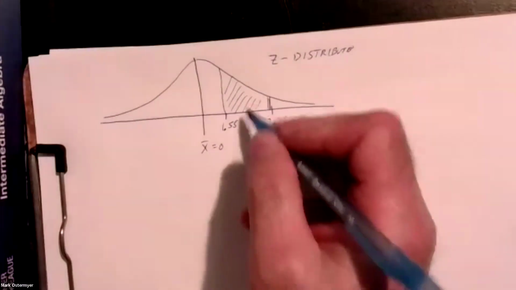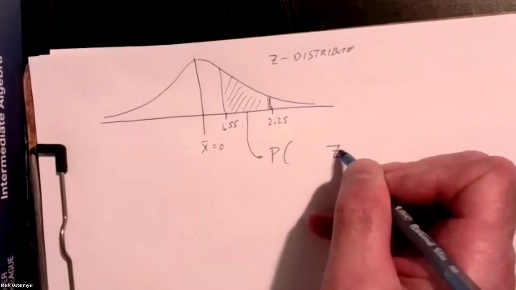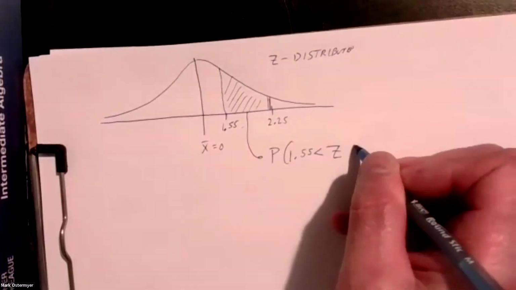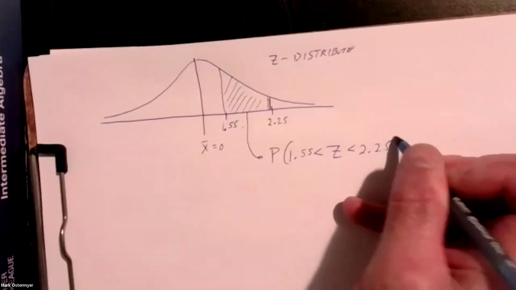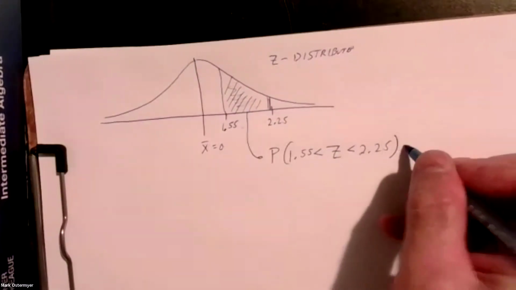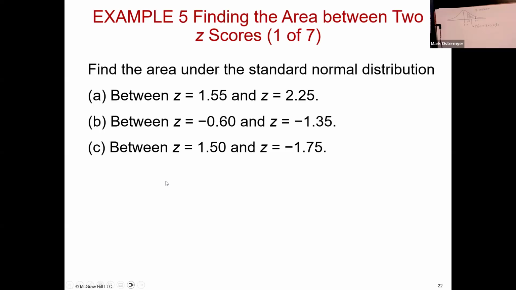Okay, that's the same thing. This area is the same thing as saying the probability that z lies between 1.55 and 2.25. This area is equal to this probability. Now, how are we going to do that? Well, we're going to need a calculator to help us out. And ladies and gentlemen, I'm going to go show you our calculator on our Canvas course site here.